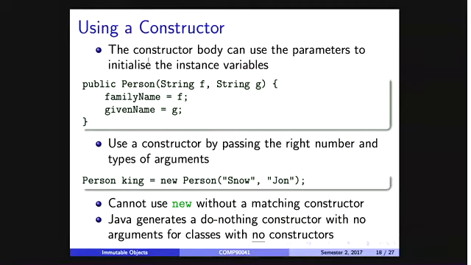In some other class, I say Person p equals new Person(). What's going to happen? Kind of nothing, but a particular kind of nothing. Yeah, you get a compiler error. Because in order for that to work, you have to have a constructor with no arguments.